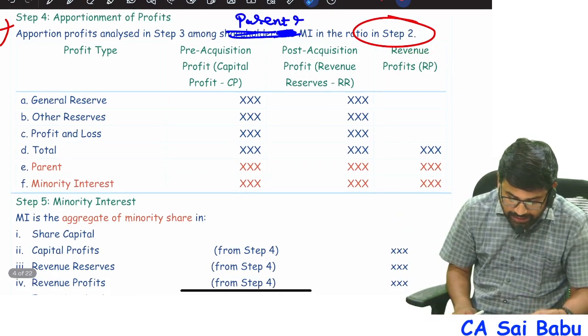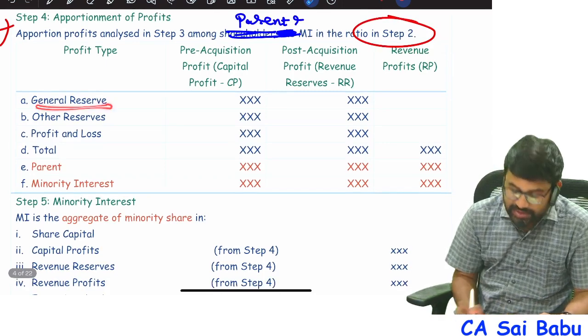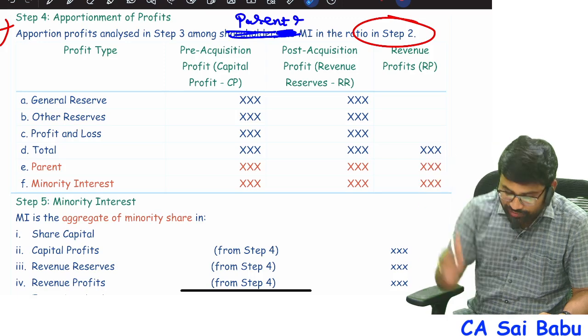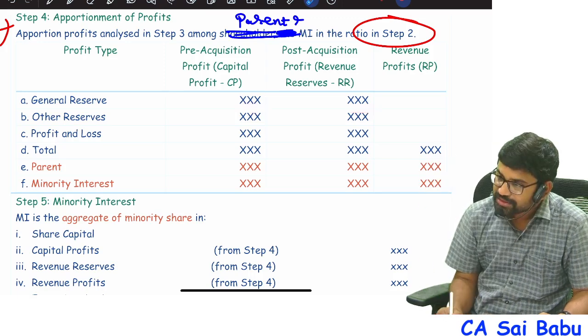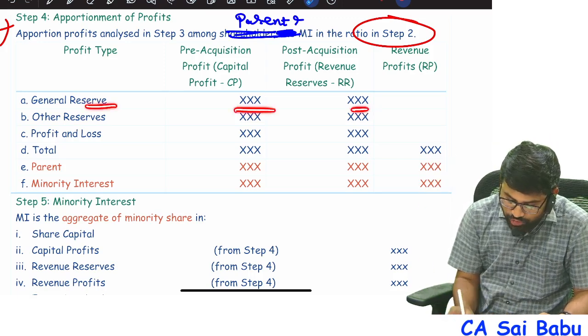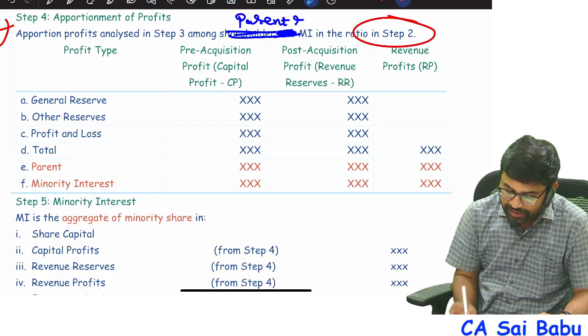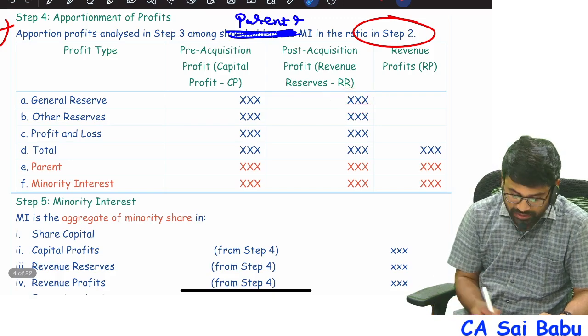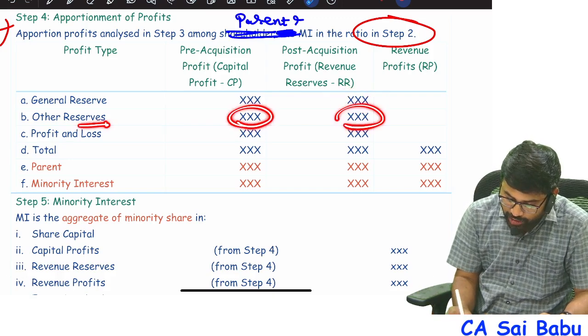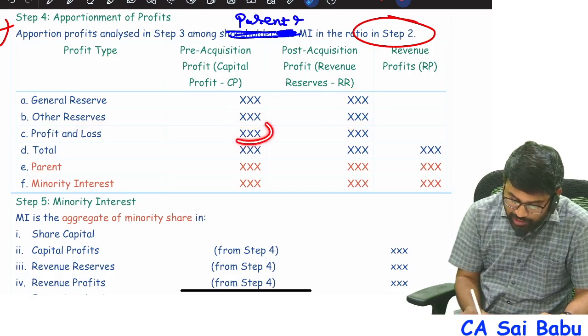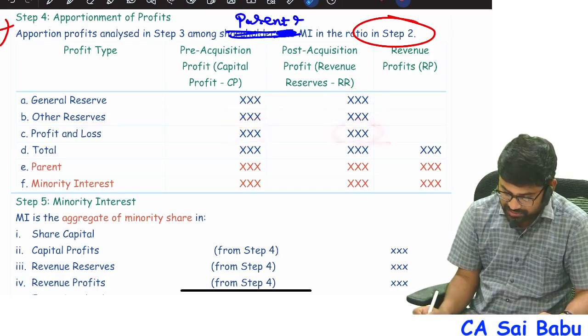Okay, say one by one reserve. See, general reserve you already divided into pre-post. So take each reserve, you already did that in step number 3. In this general reserve, how much is the pre-acquisition, how much is the post-acquisition. In other reserves, how much is pre, how much is post. In P&L account, how much is pre, how much is post.